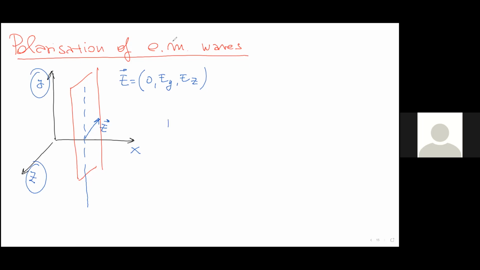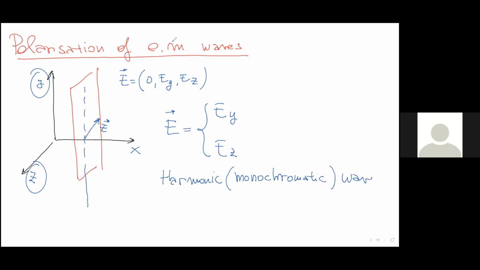So in general, this electric field will have both a y and a z component. Now, for the sake of simplicity, we think of a harmonic wave, which is also called a monochromatic wave, so there is one single frequency component.